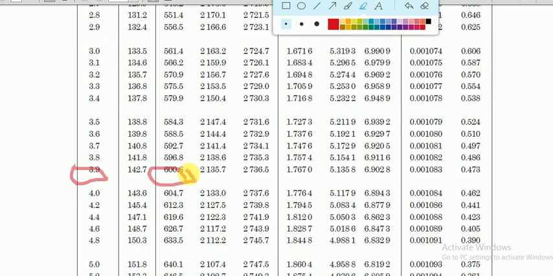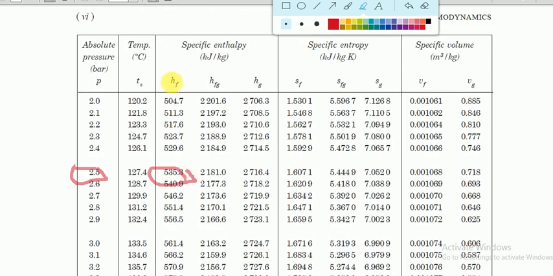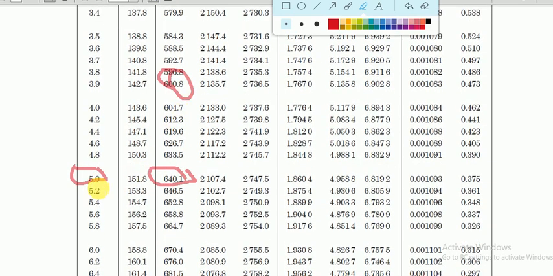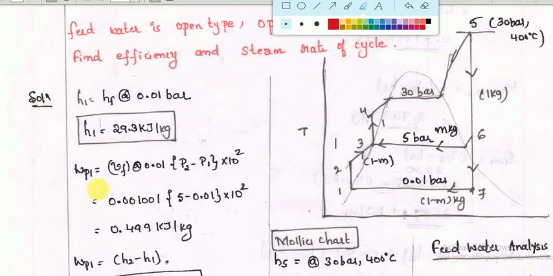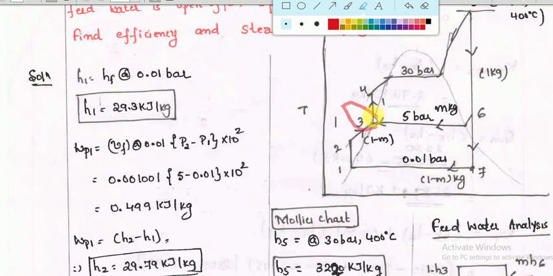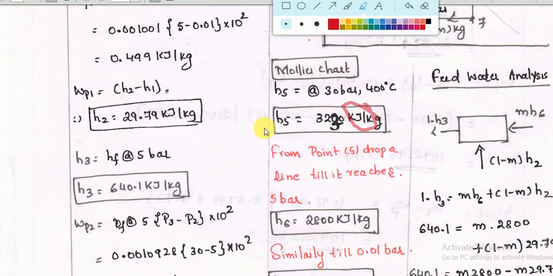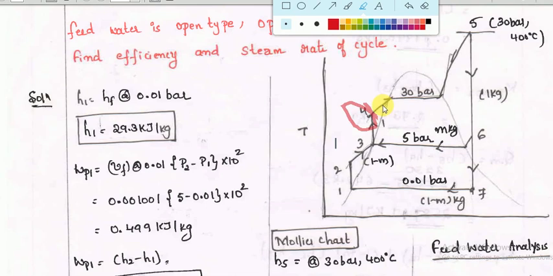We note HF because it is completely a fluid. At 5 bar, HF is equal to 640.1 kilojoule per kg. So HF is equal to H3.